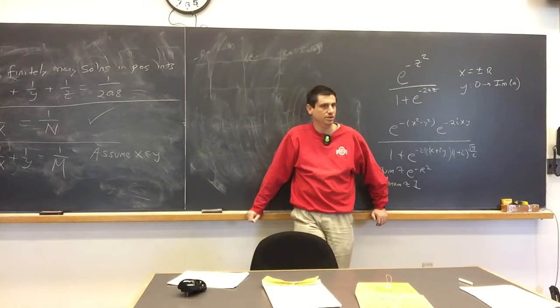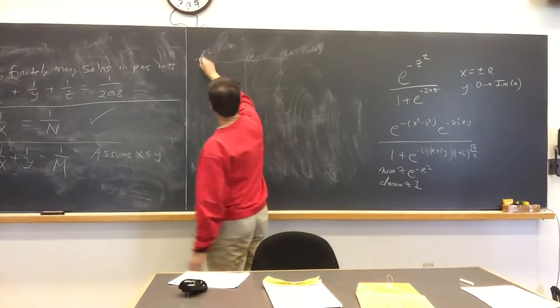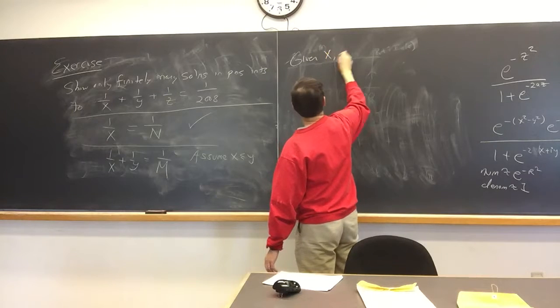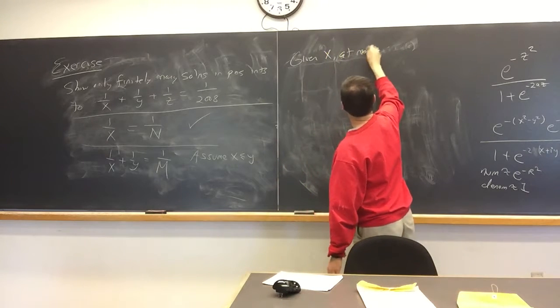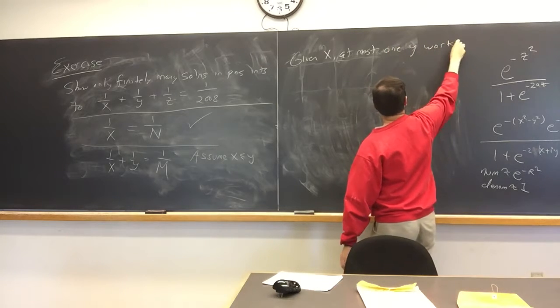Since x is the smaller, we can just keep increasing x. Given a value of x, how many y's could you have that work? At most 1. Right. So for each value of x, you have at most 1 y that works. Given x, at most 1 y works.